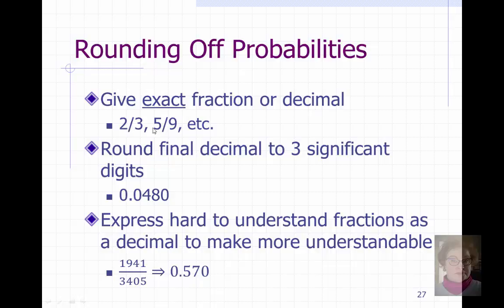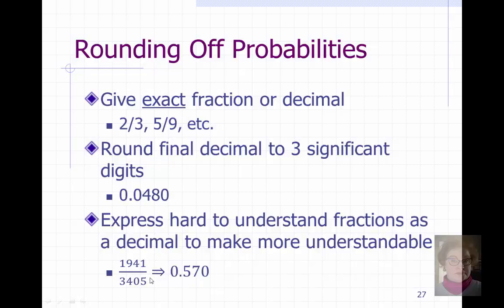But 2/3, 5/9, that's going to come out to be a repeating decimal. When that happens, round it to 3 significant digits. That means that after the first non-zero digit, you're going to go 2 more decimal places. So you have 1, 2, 3 significant digits.